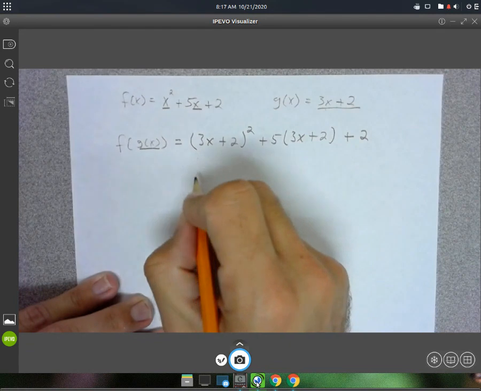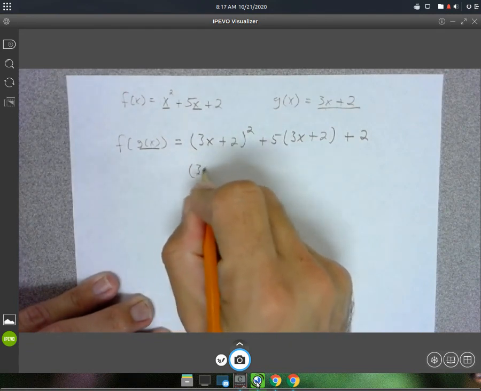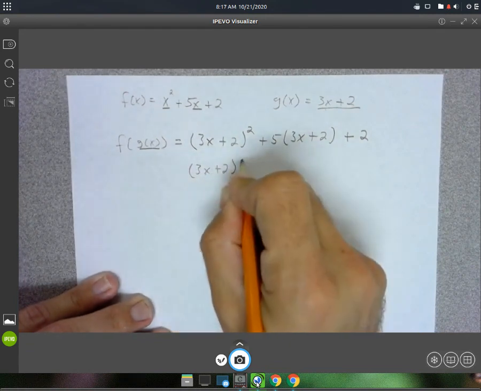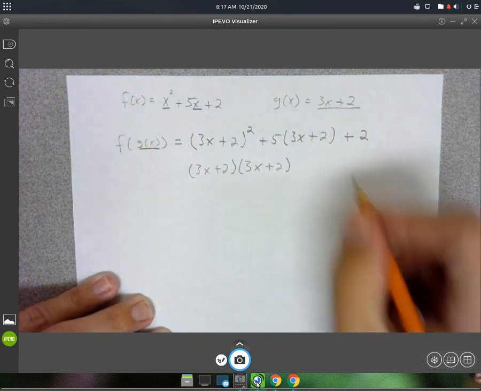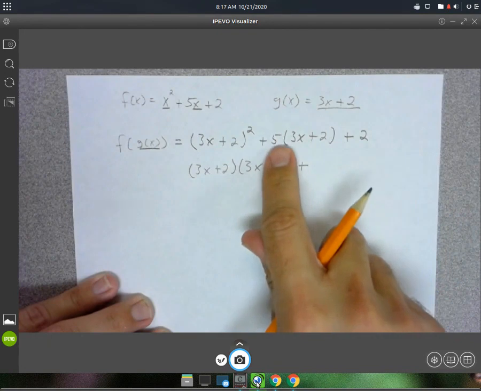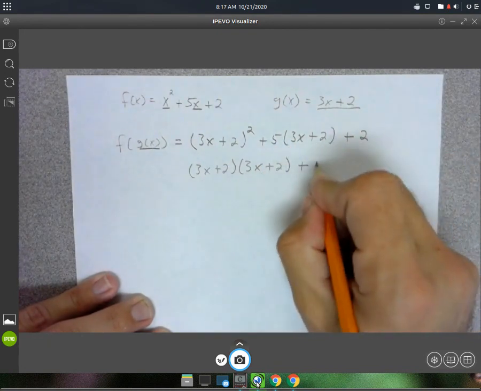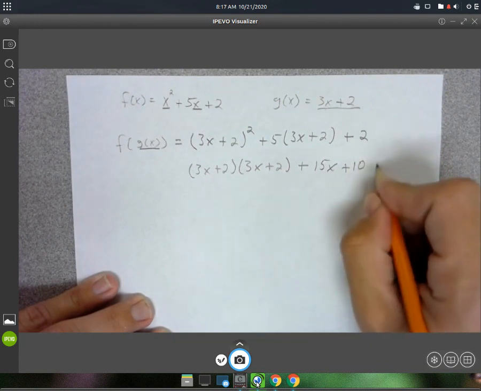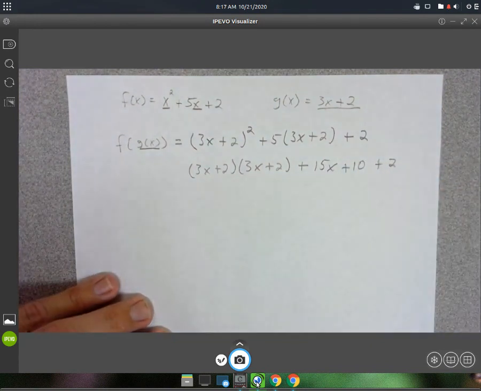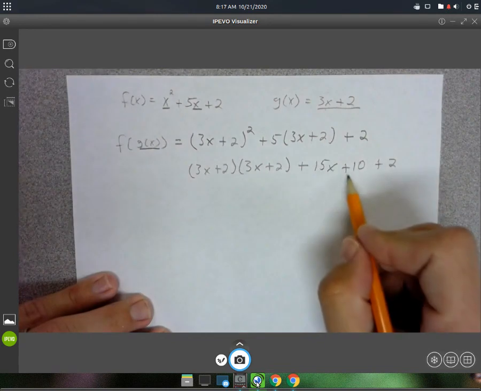Let's say we did, it would be 3x plus 2 times itself, and then we'll distribute the 5 in, so this will be 15x, and then 5 times the 2 will be 10. Okay. Let's see here.